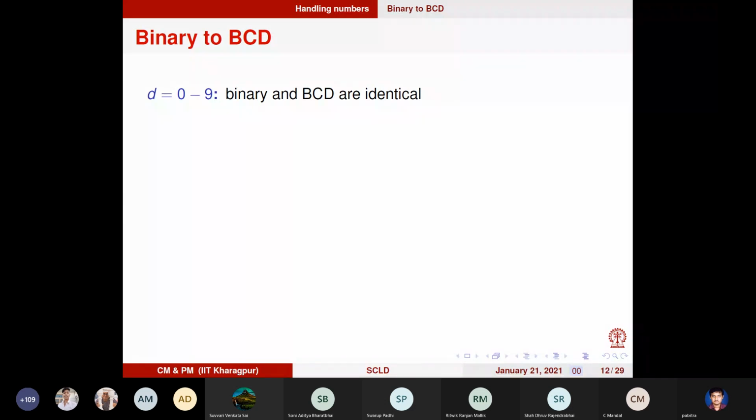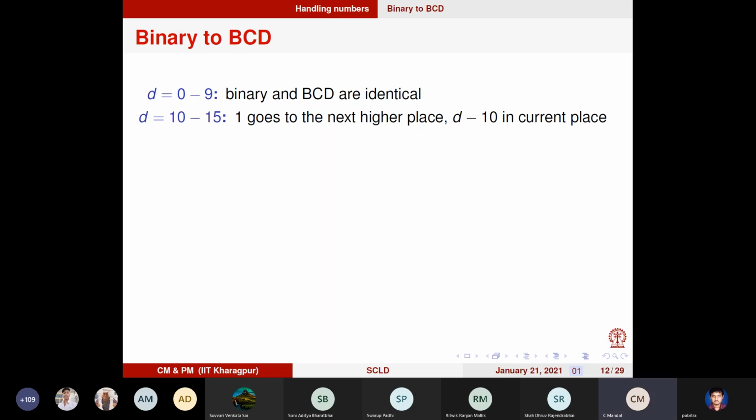Yes. So let's see how you get this BCD representation from a binary representation. For numbers 0 to 9, the BCD and binary are identical. For numbers from 10 to 15, one goes to the next higher place and d minus 10 in the current place.